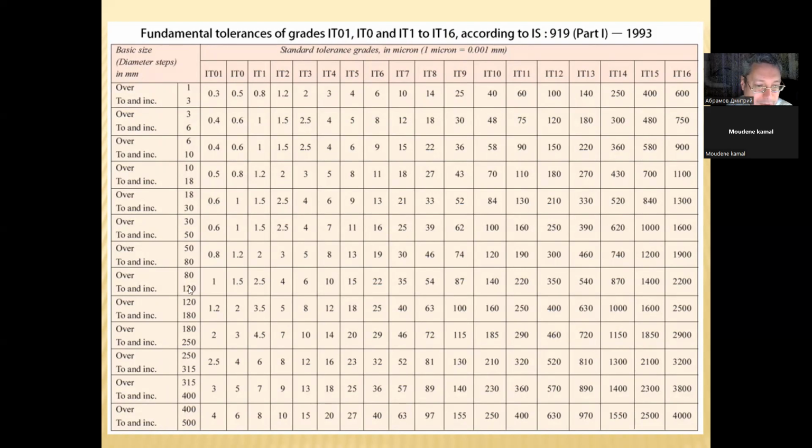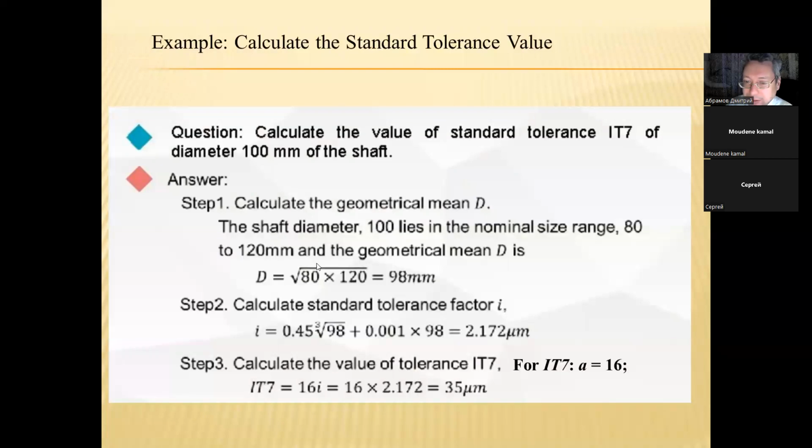D maximum is 120, D minimum is 80 millimeters. The shaft diameter 100 lies in the nominal size range 80 to 120 millimeters, and the geometrical mean D is 98 millimeters.